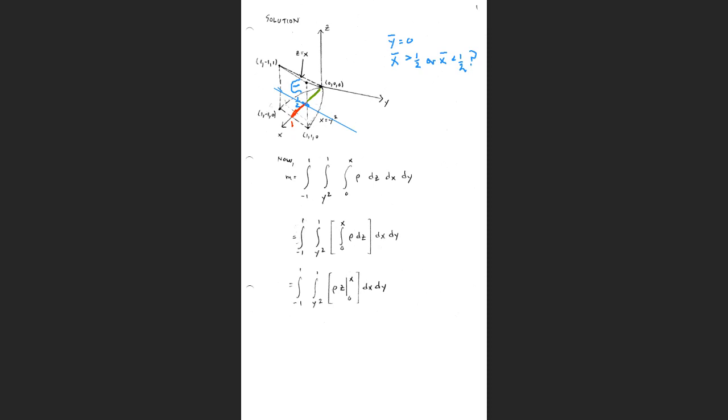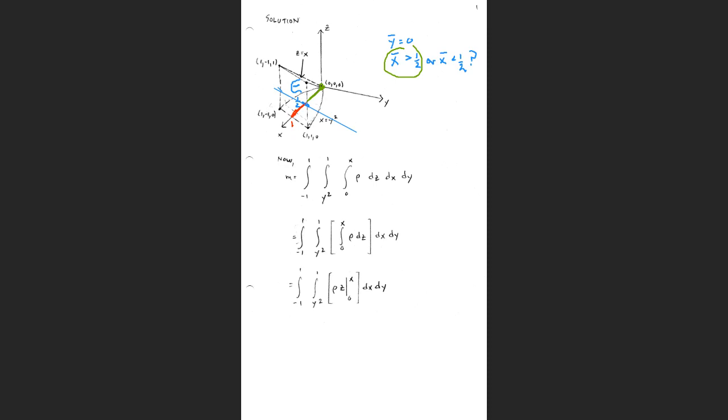Yeah. So, all right, and Narina, you're right. X bar is going to have to be greater than a half. That's right, Lexi. Because this mass, with respect to the x-axis, is top heavy. It gets heavier and heavier as you move away from the origin, in the direction of the x-axis.